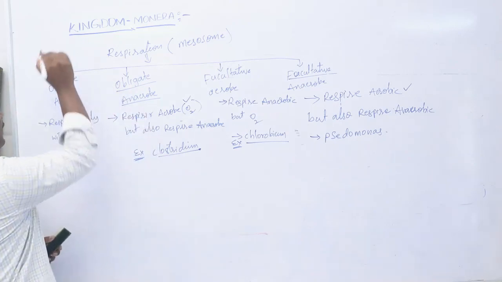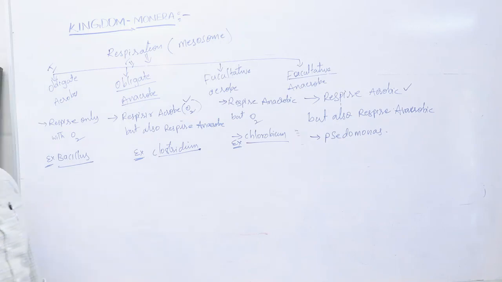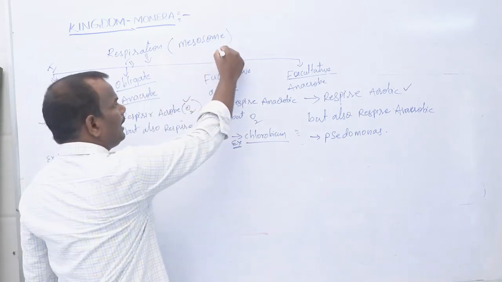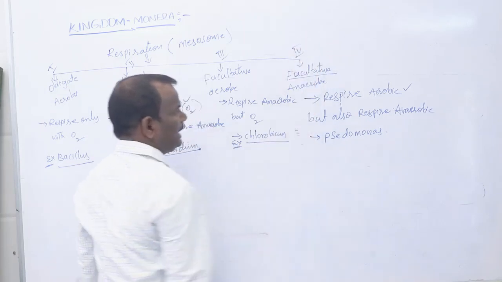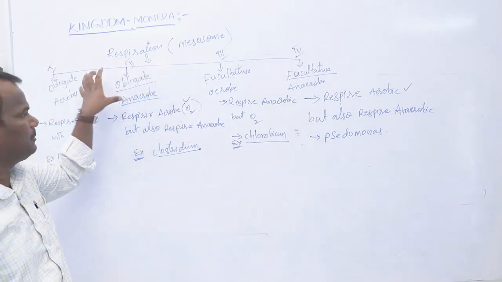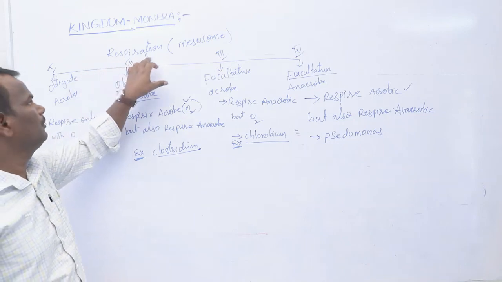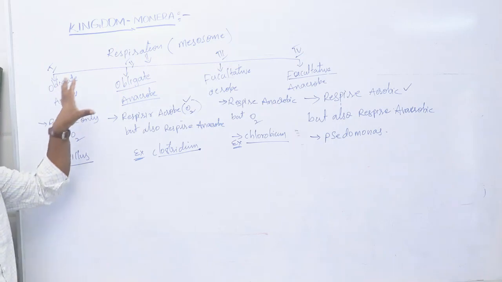So one is the obligate aerobe, second the obligate anaerobe, third the facultative aerobe, fourth the facultative anaerobe. These four types of respiration are involved in bacteria.